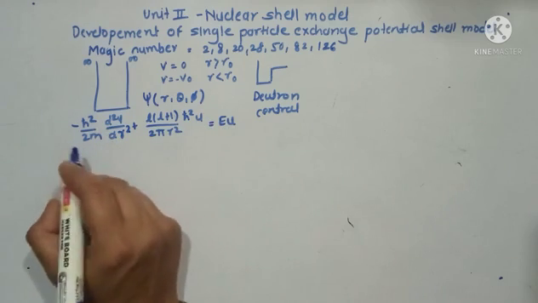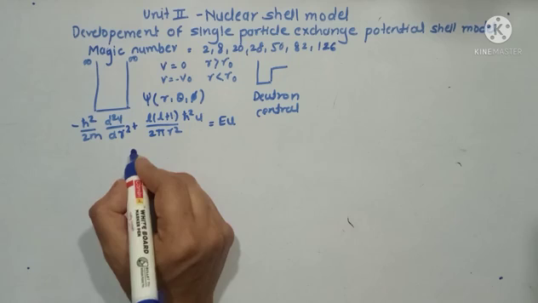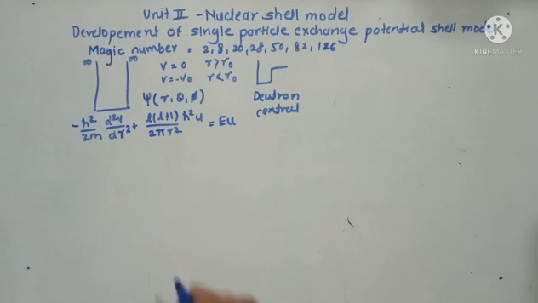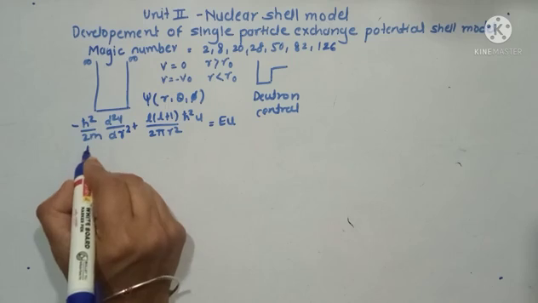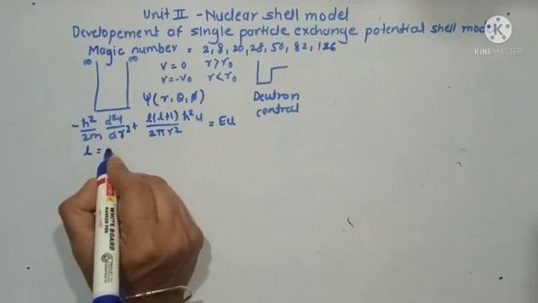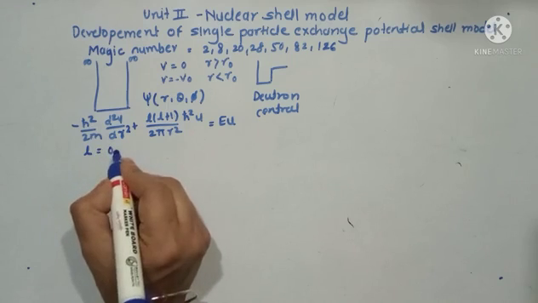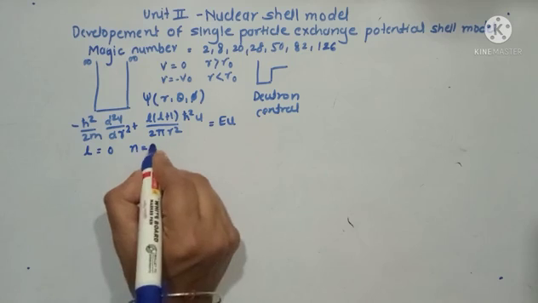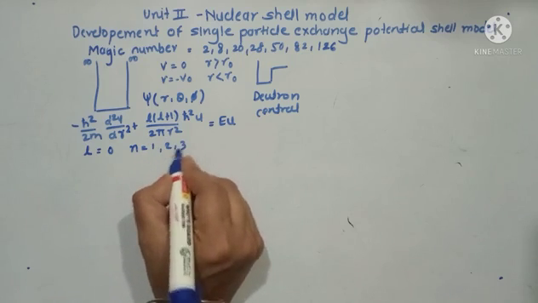By solving these equations, what are you going to get? You are going to get the values of n and l. Here l is the orbital quantum number and n is the principal quantum number. So for l equal to 0, n is equal to 1, 2, 3.